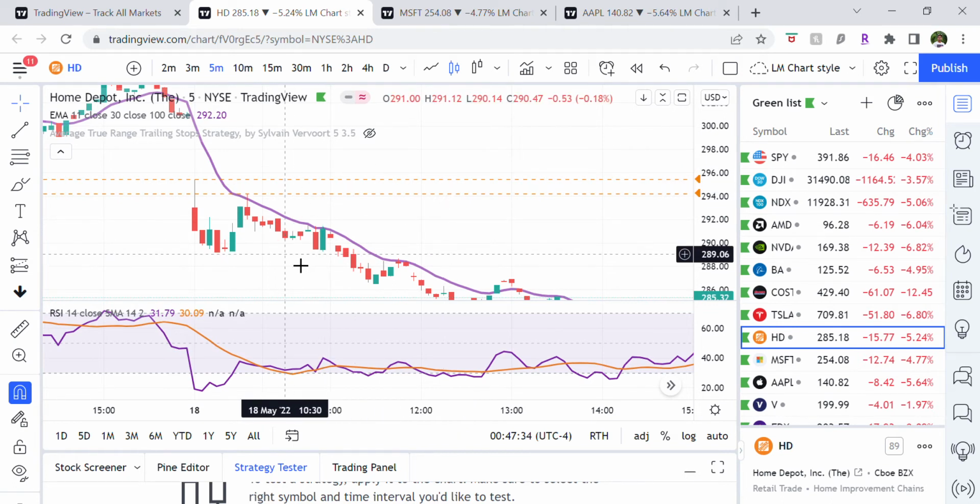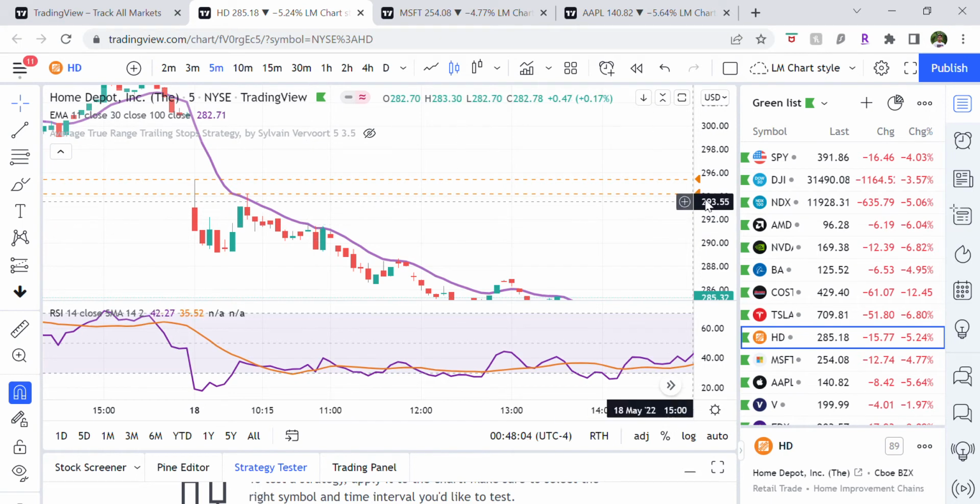Now I'm here at 10:15. I have already seen that I'm planning to go downward. I will enter the trade when there is a slight pull upward and the stock touches this particular line. So that is happening over here. At 291, the stock is touching the line, but be a little bit careful, don't buy it yet. The price displayed over here is 291.56.